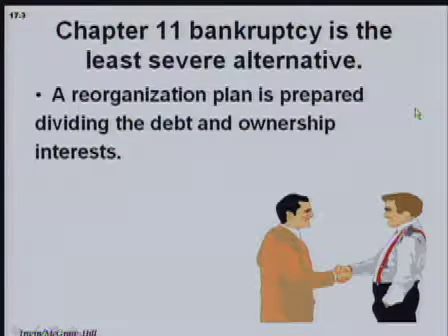The problem is, as a practical matter, that you, as the owner of the business, chief stockholder, chief CEO, you owe money to quite a few people. Each person, each creditor says, I want my money and I want it now.